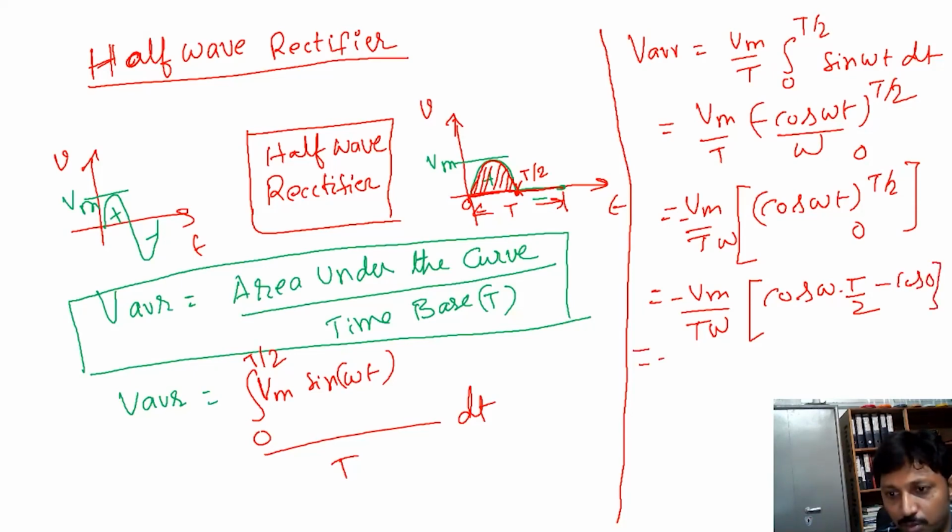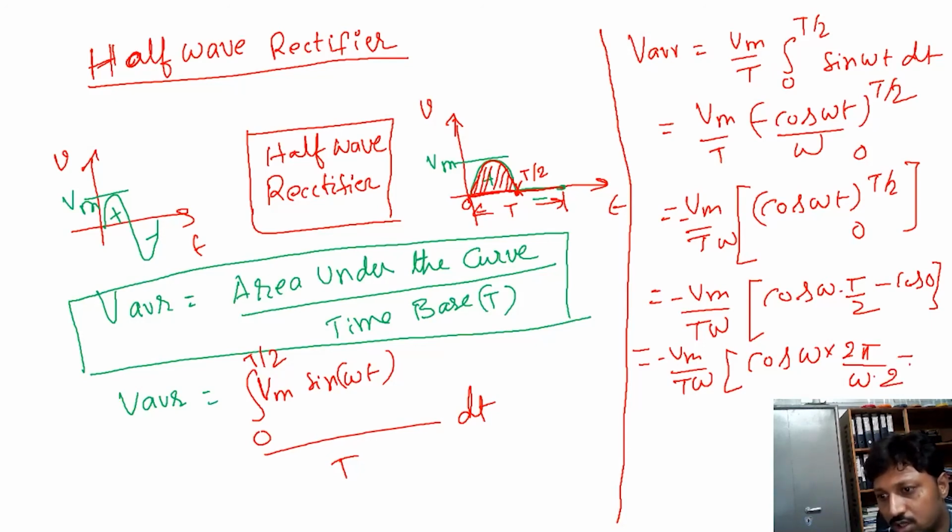Here omega T is 2 pi, since omega is 2 pi by T, and the 2 is already there. Cos 0 is 1, so these values get cancelled.